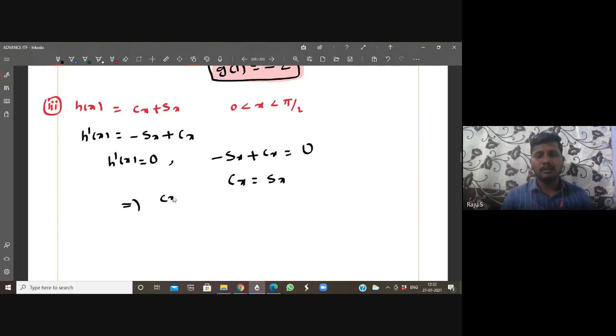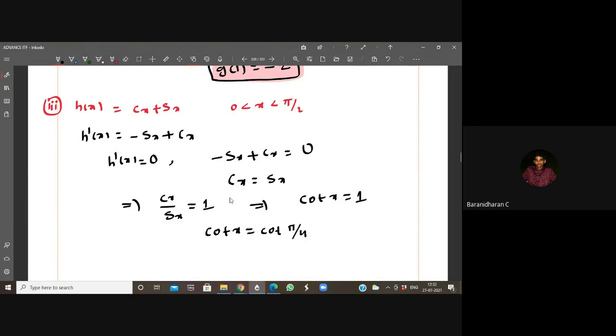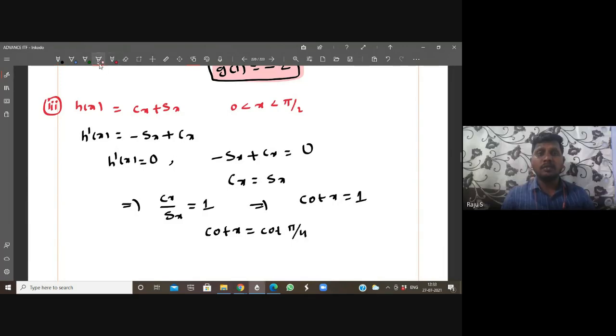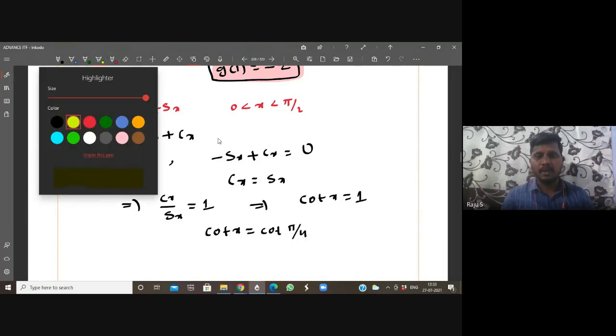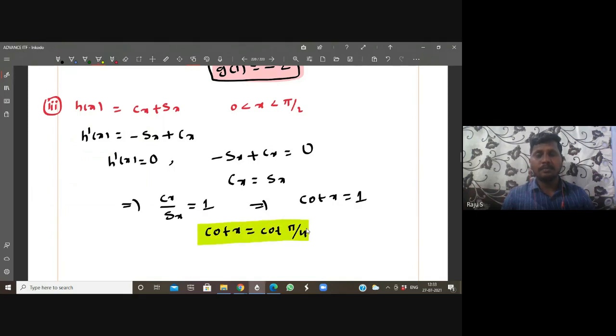Otherwise, we can write cos x by sin x is equal to 1. Cos x by sin x is nothing but cot x, so cot x is equal to 1. Then cot x is equal to 1 can be written as cot pi by 4. Even cot 225 also becomes plus 1, since cot is positive in the third quadrant.